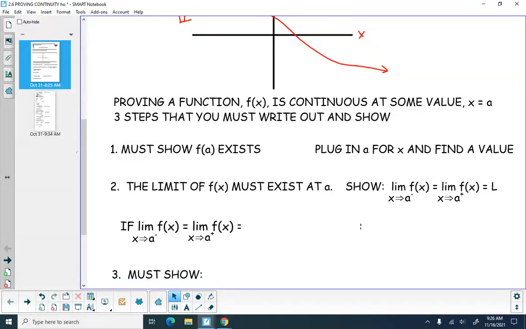We must show the limit as x approaches a from the left of our function equals the limit as x approaches a from the right of our function equals the value of L. We must show our limits as we approach from either direction equal each other, equal some value.